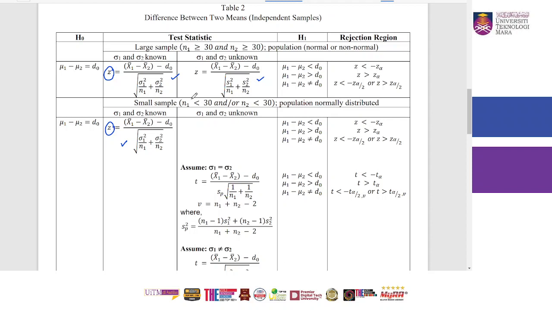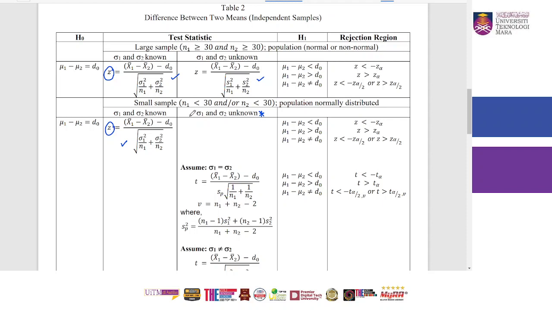Okay, and in such a way that if you have the variance known, both the variances known or the standard deviation known, then you can use the Z-test. The problem is that whenever you have the sigma 1 and sigma 2 unknown, so this situation, situasi yang kedua ni. Okay, so in this case, you have small sample size.